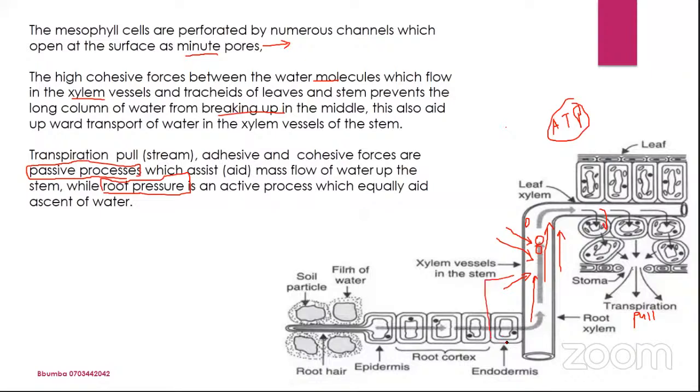The endodermis has a Casparian strip in it, so water entering via the apoplast pathway, when it reaches here it can't continue, it instead moves via the symplast pathway.